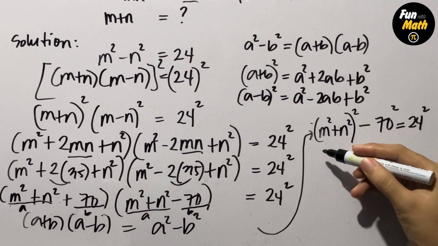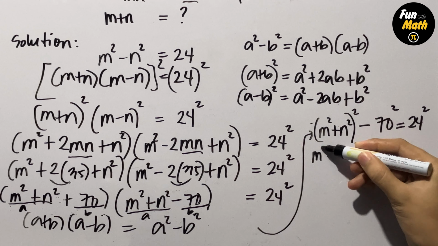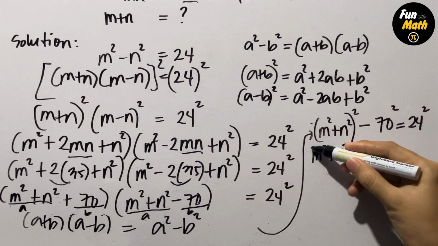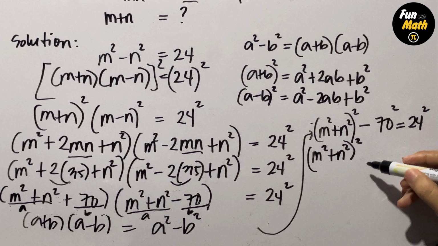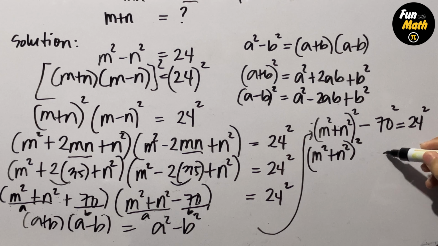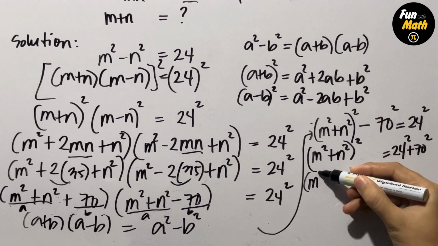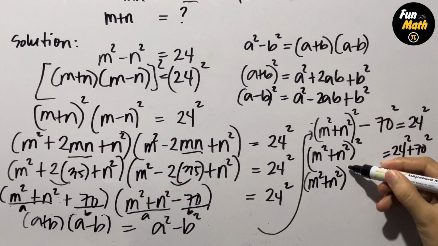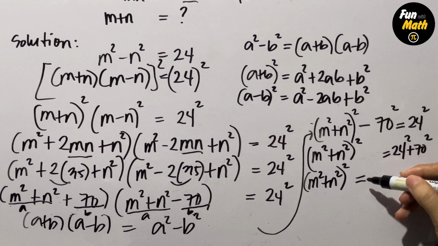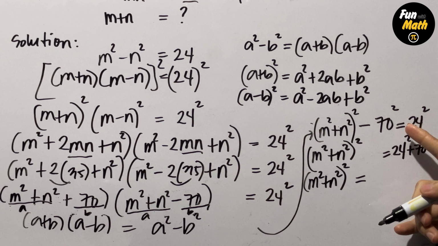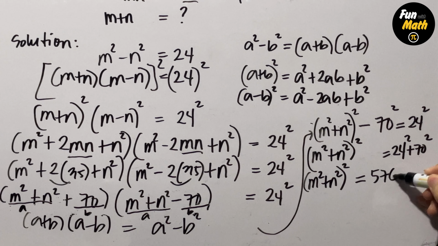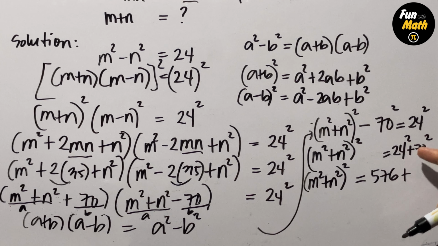So this is now m squared plus n squared whole to the power of 2 is equal to 24 squared plus 70 squared. 24 squared is 576, plus 70 squared is 4,900.